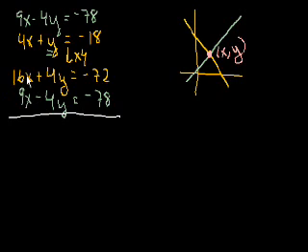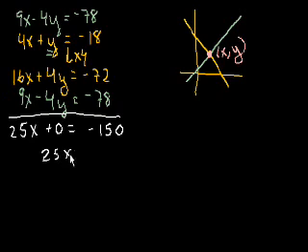When you add, you have 16x plus 9x, which equals 25x. 4y minus 4y just equals 0, so that's plus 0, equals, and then we have minus 72 minus 78, which is minus 150. We're just adding them all together. So we have 25x equals minus 150.